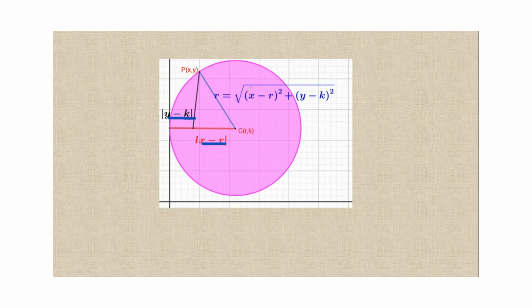Using the Pythagoras theorem, r equals the square root of (x minus h) squared plus (y minus k) squared. Squaring both sides, r squared equals (x minus h) squared plus (y minus k) squared. This is the equation of a circle when the y-axis is tangent to a circle.